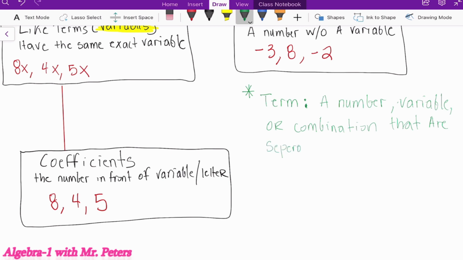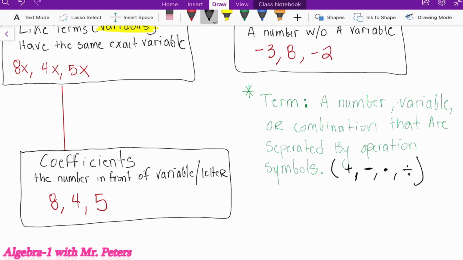So let's write that down too. So what exactly do we mean by operation symbols? So we're talking about, and let's just go back in red. Well, let's go back in black so this sticks out just a little bit. We're talking about our addition sign, subtraction sign, multiplication sign, and division.